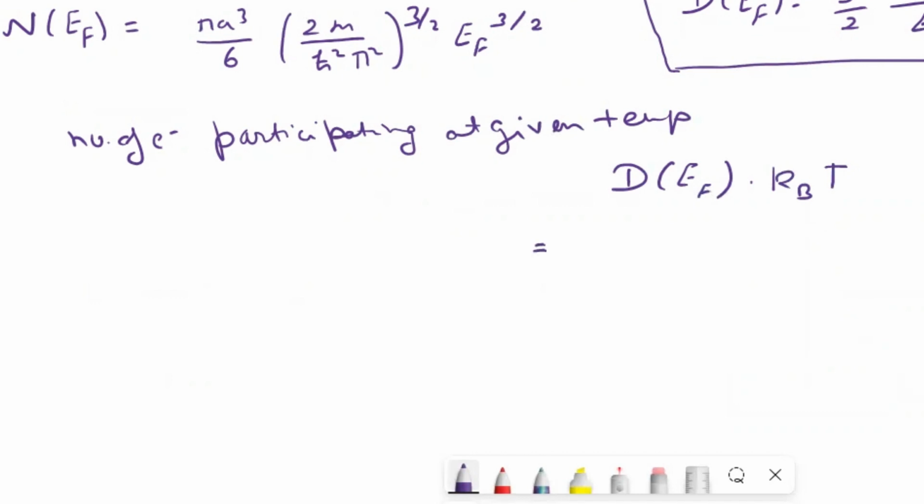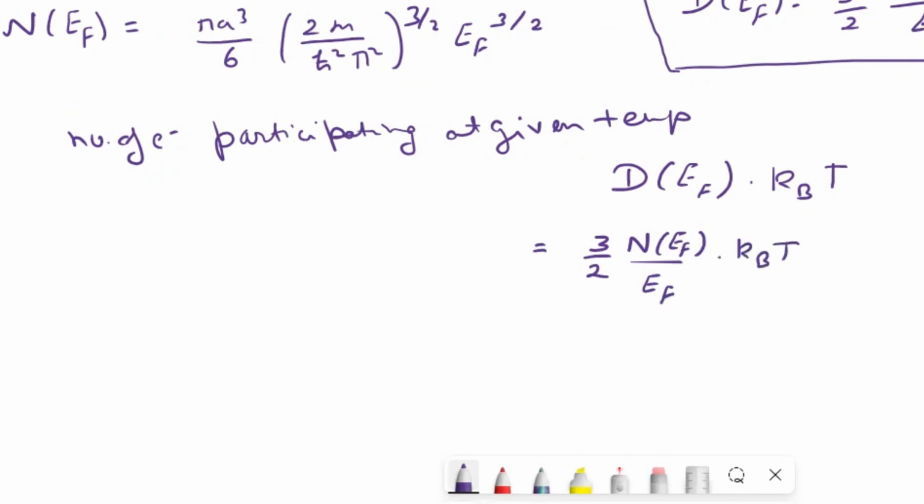If we put this d of E_F equation here, it will be 3/2 n of E_F upon E_F times kBT.